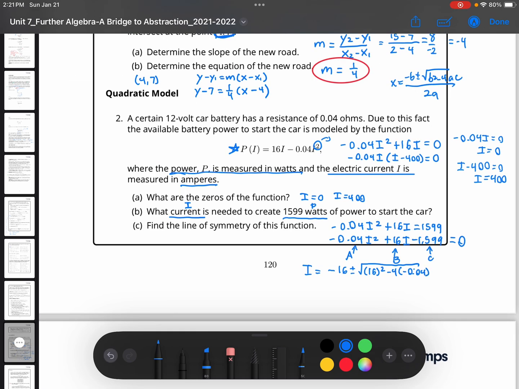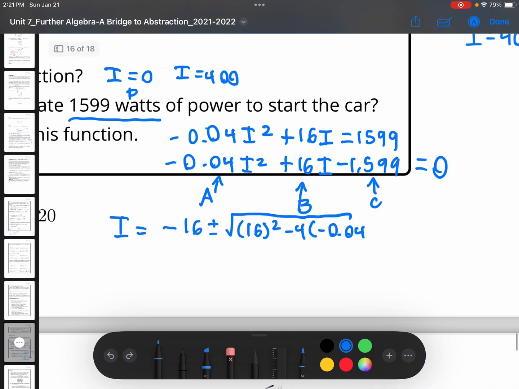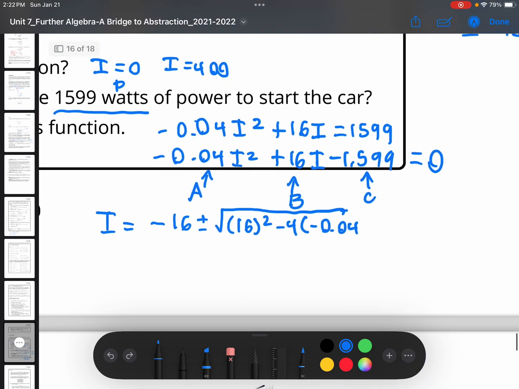C would be 1599, all over 2a, 2 times negative 0.04.